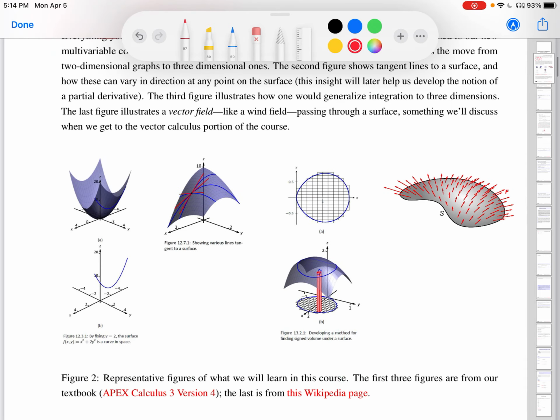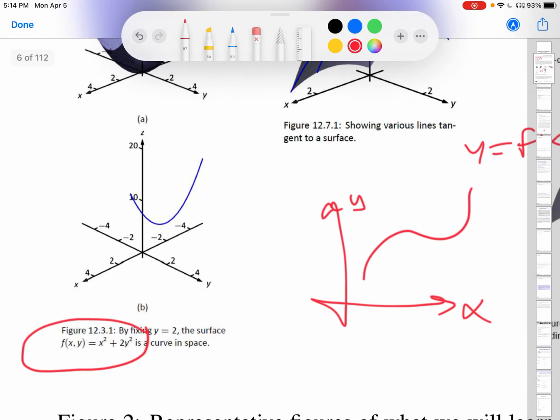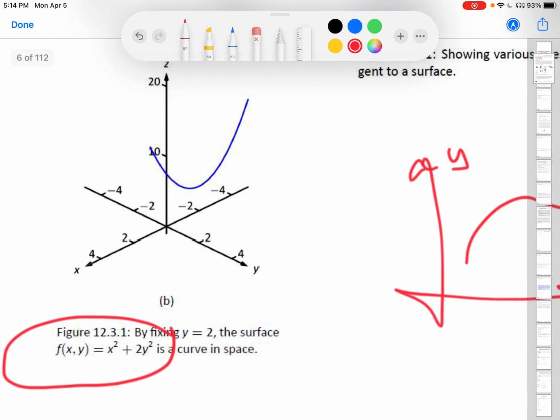So what's going to happen is a very quick tour again. In single variable calculus, you were used to graphing functions in the xy plane. So here might be a function, y equals f of x. In the multivariable context, specifically in 2 variables, if you can kind of squint here, we'll zoom in a little bit. This is a function of x and y, x squared plus 2y squared. What is the graph of this function? Well, we need 3 dimensions to graph it.